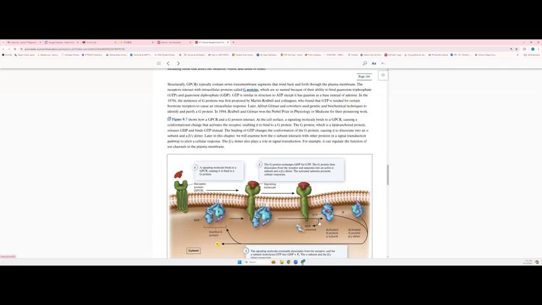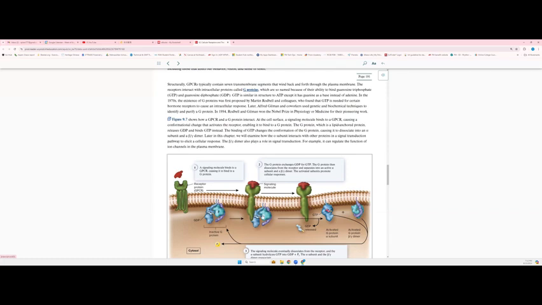And then GTP will lose one phosphate and generate GDP. Okay, this is GDP, so GTP will insert inside of the G protein, and then this G protein will leave.